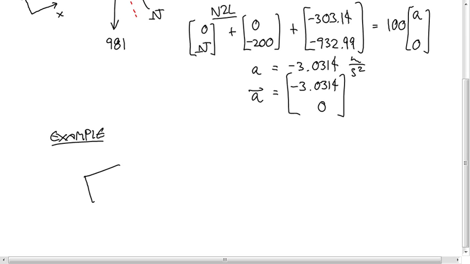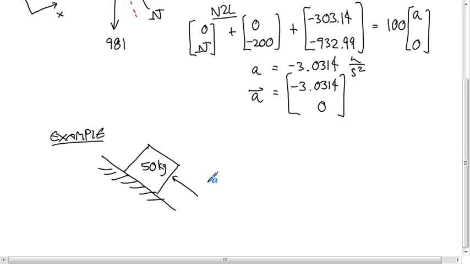Let's do a different one. Okay, so how about if you had a mass of 50 kilograms, it's being pushed up this incline by a 250 newton force.